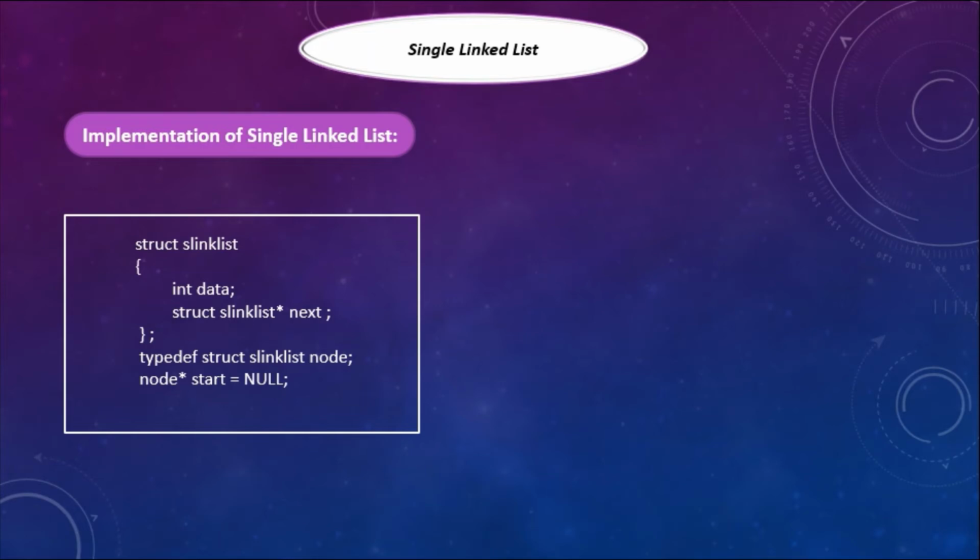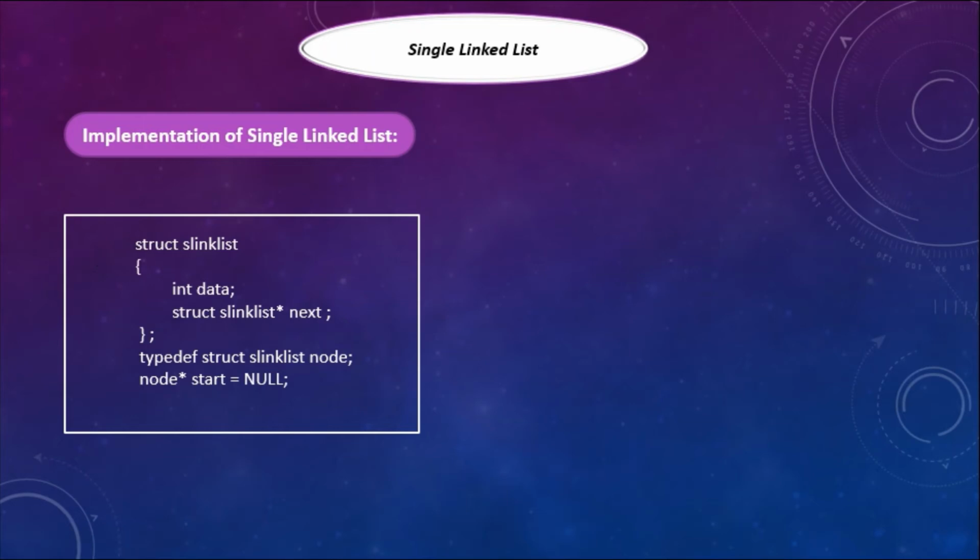The structure has a data item and a next pointer which will be pointing to the next node of the list. This is called a self-referential structure. And we initialize the start pointer with null.